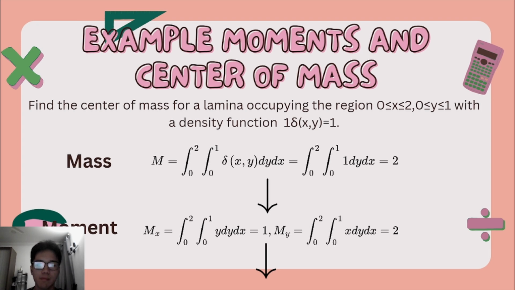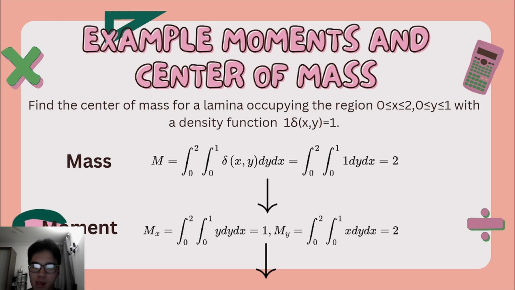So the first is the mass. M equals the integral from 0 to 2 and the integral from 0 to 1 of delta of x, y, dy dx, which is equal to the integral from 0 to 2 and the integral from 0 to 1 of dy dx, which is equal to 2. For the moments, M sub x is equal to the integral from 0 to 2 and the integral from 0 to 1 of y dy dx, which is equal to 1.